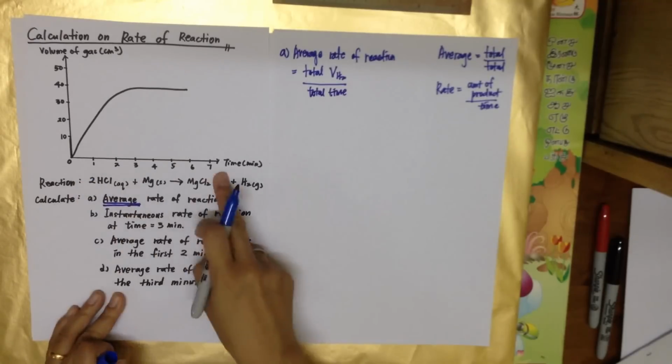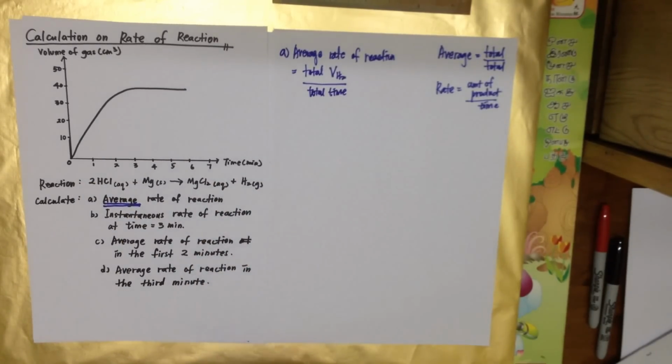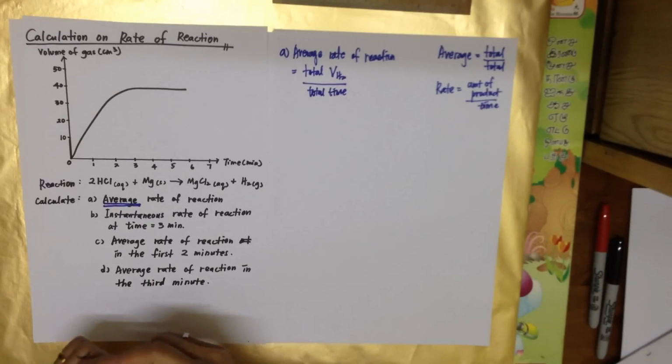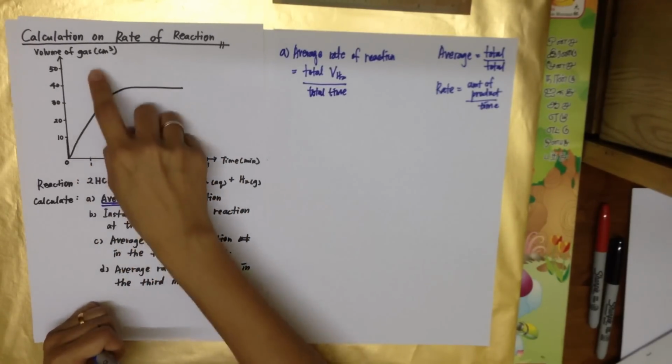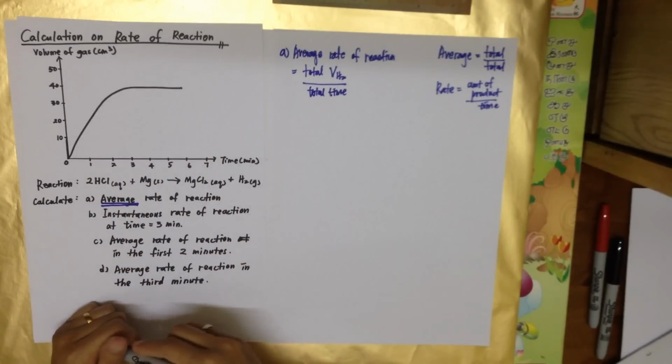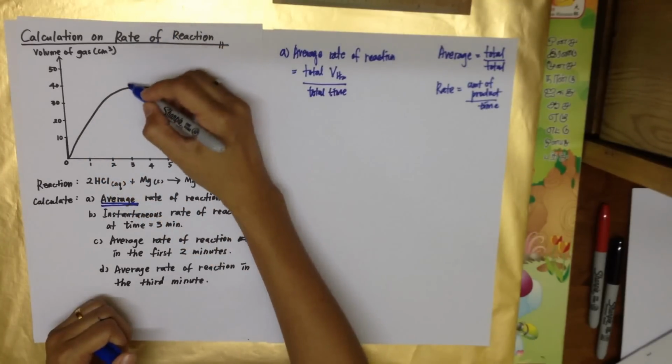According to the time scale over here, where is the total time and what is the total volume of hydrogen gas? We can see that the graph is slowly increasing, showing that the volume of hydrogen gas is increasing with time.